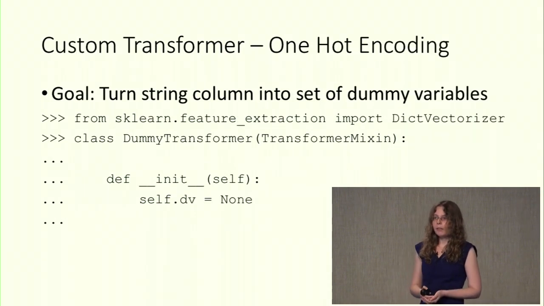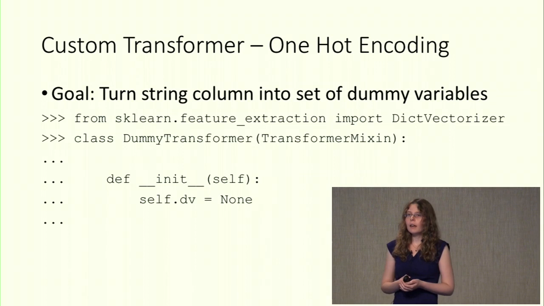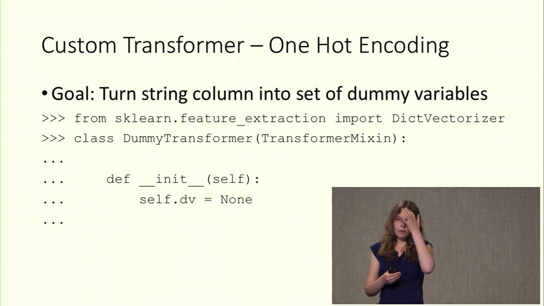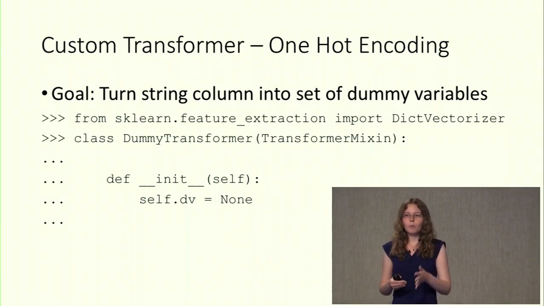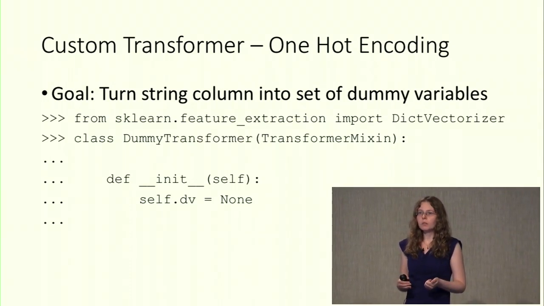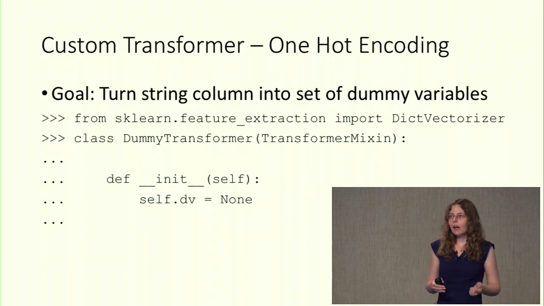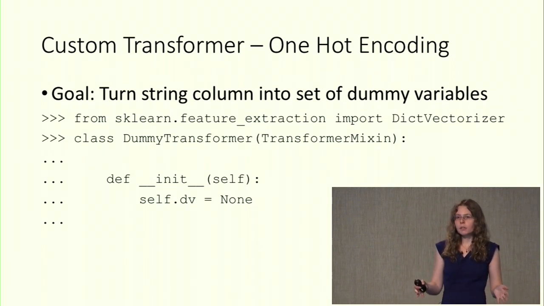But what are we going to do about that park column? The idea is to use one-hot encoding. This is also called dummy encoding. The idea is instead of having a single column with a bunch of strings in it, we make one column for Gasworks with a flag, a 0, 1, one column for Magnuson, one column for each of the parks that we see in the training data.